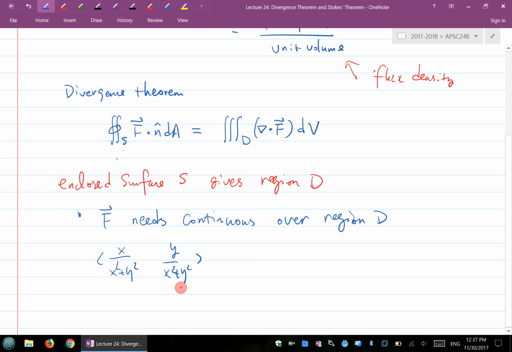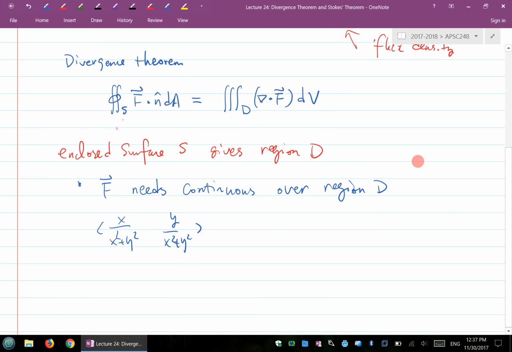Then if D contains the origin, you cannot use the divergence theorem. Is that clear? I won't give you that type of problem, but you need to be aware of it.